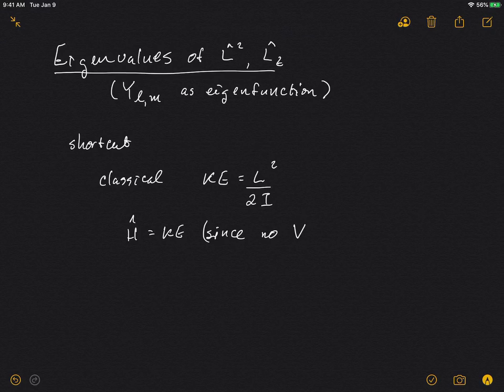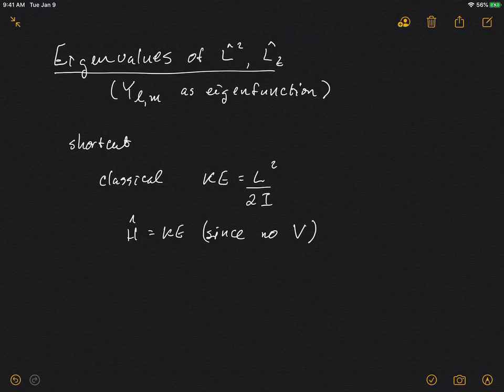The Hamiltonian is kinetic energy plus potential energy, but if potential energy is zero, then it's just the kinetic energy. So this is true in this instance. It's not always true, right? If the potential is non-zero, then we can't make this statement. But in this case, it's true.